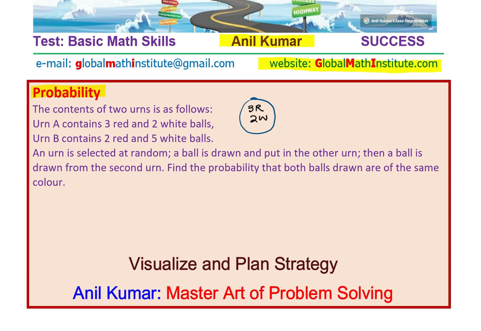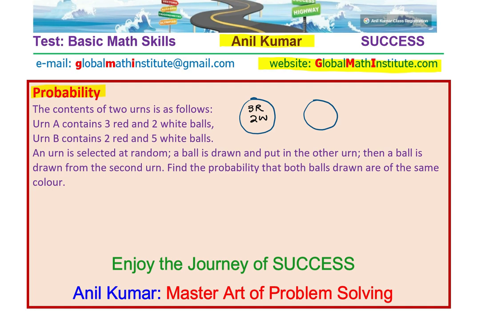The second urn has 2 red and 5 white. Assume that they are absolutely similar urns, so the probability of selecting either one of them is also the same. Now it says an urn is selected at random. So let's call this urn A and that urn B.